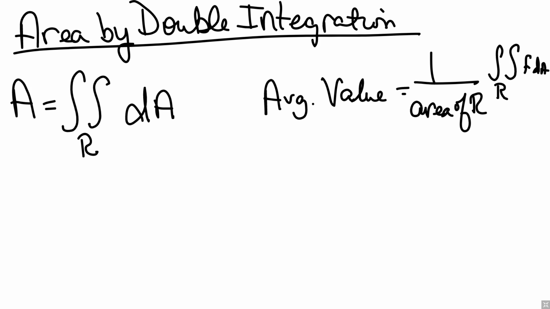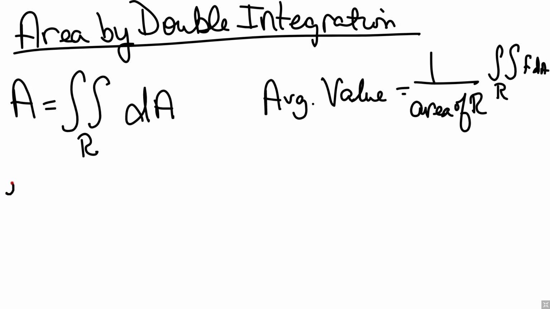So you're going to do the double integral over the region of the function times dA. We're going to take a look at some examples of how to do area, and then I'm going to do an example of the average value.